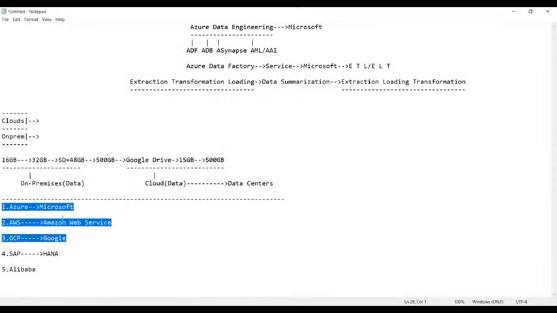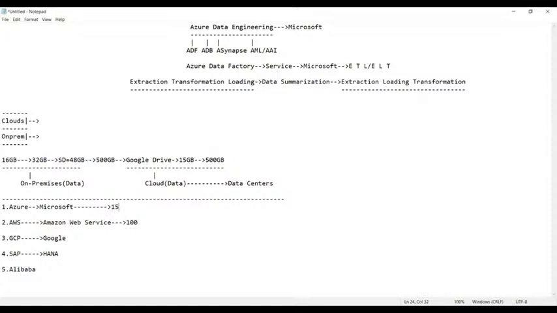Amazon was number one before. Now it has come down to the second position, and you can say even to the third position. Why? Amazon is more costly. The job which you do here requires 100 rupees; the same service is provided by Azure for 15 rupees.